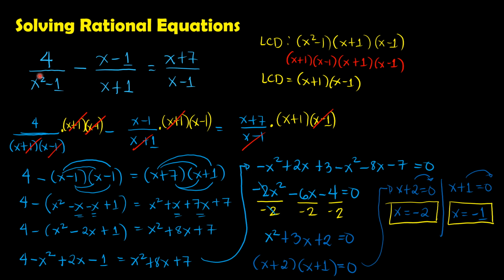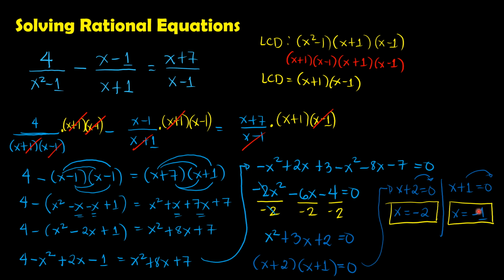Negative 2 squared is 4 minus 1. This is 3. Negative 2 plus 1, this is negative 1. Negative 2 minus 1 is negative 3. Pag sinubstitute sa denominator, hindi magiging 0 yung denominator kasi yun ay hindi allowed sa rational equations.